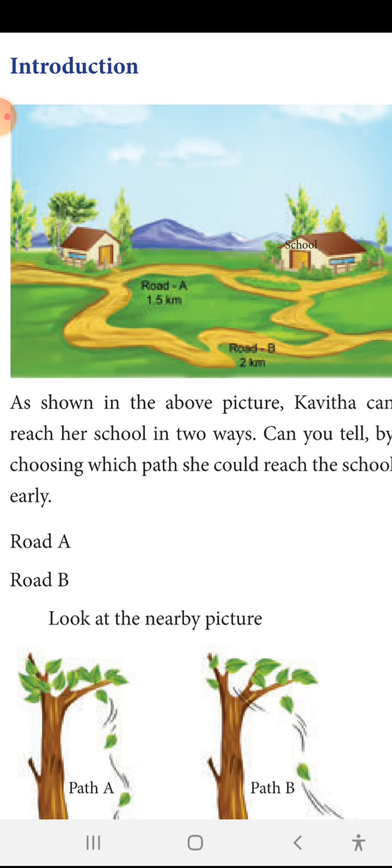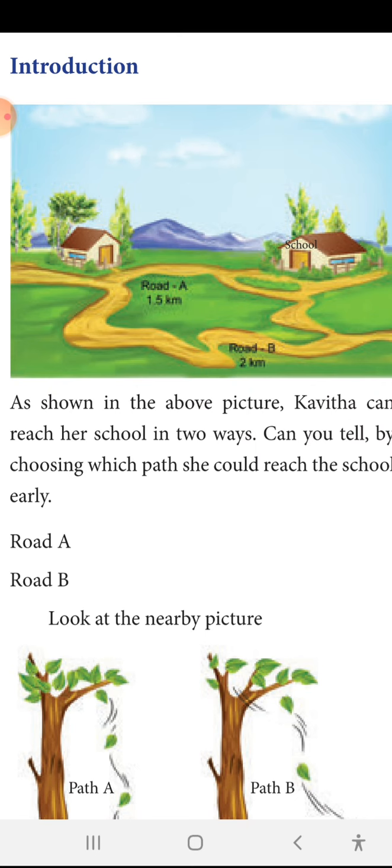If road work is going on, you take the diversion, like we see in cinema. If you see a take-diversion sign, you have to go by road B. To reach the school, it will take 2 kilometers.